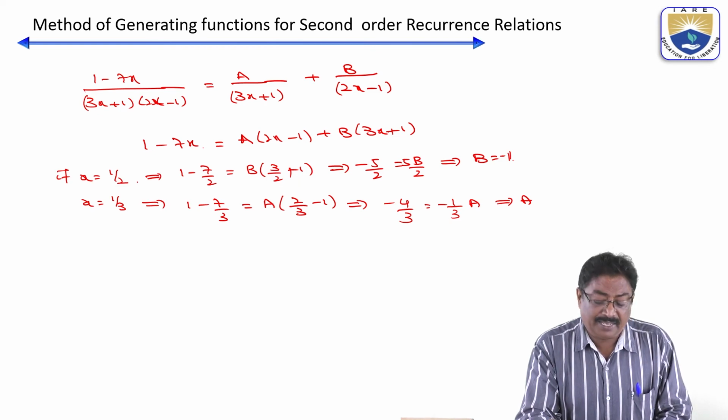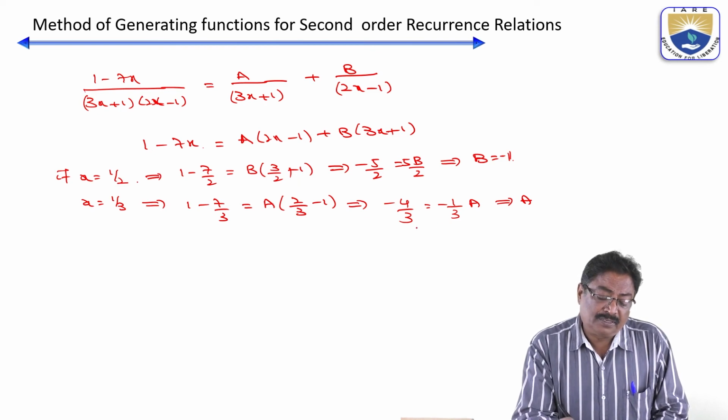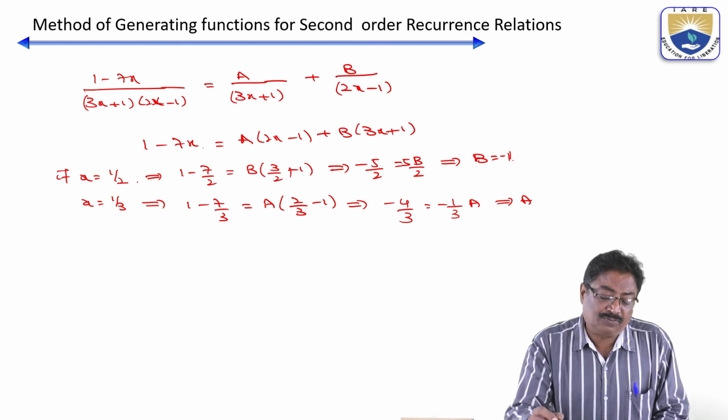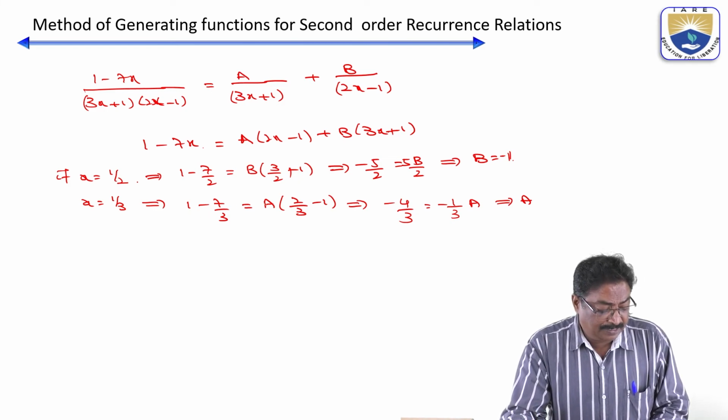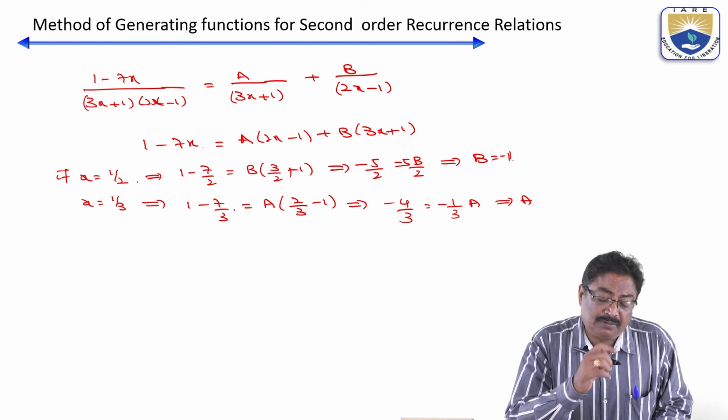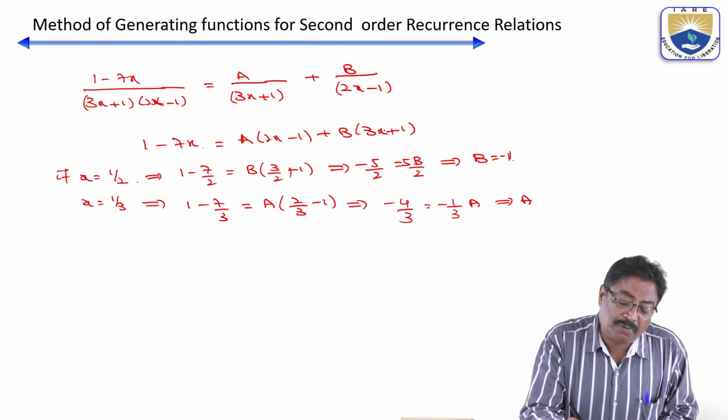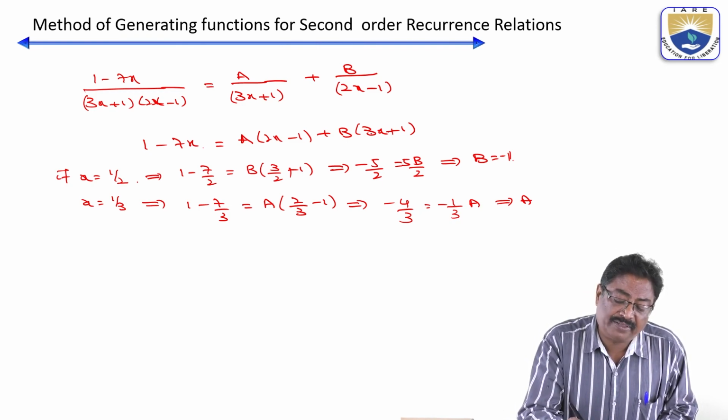What I am going to get, a equals 3 minus 4. Here x equals not plus x, plus 1/3. If x equals plus 1/3, it will not vanish.